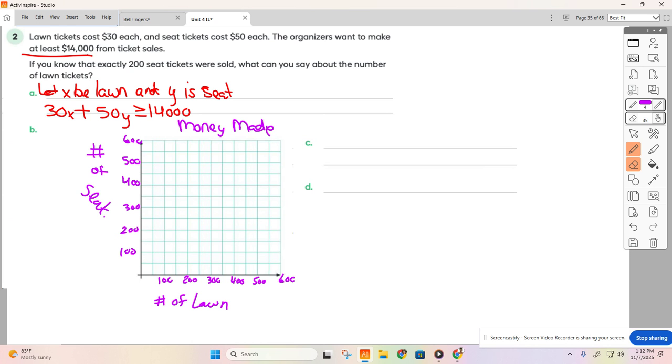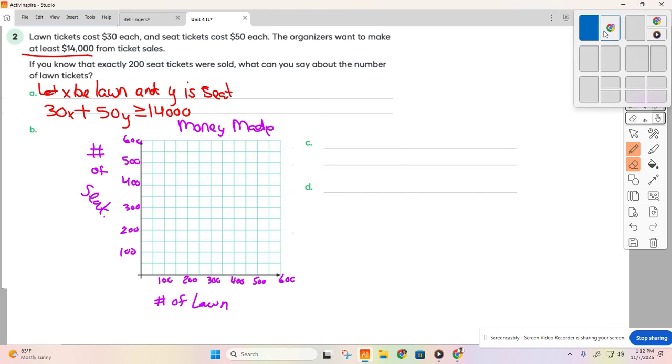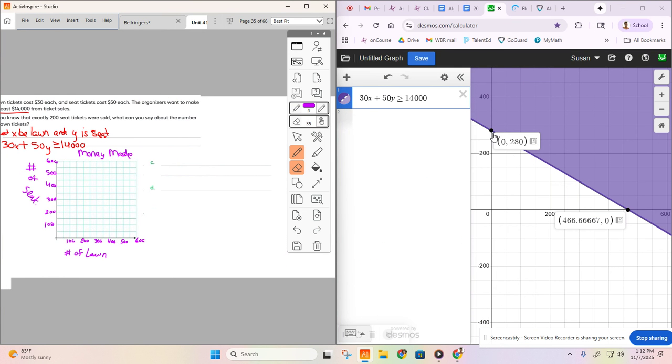From the grid that I looked at in Desmos, let me go back and look. It was crossing at 280 on the y-axis. So it's gonna be a little bit above the 250, closer to the 300. And then on the x-axis, it crosses at 466, so a little bit past that 450 mark. Right in there.